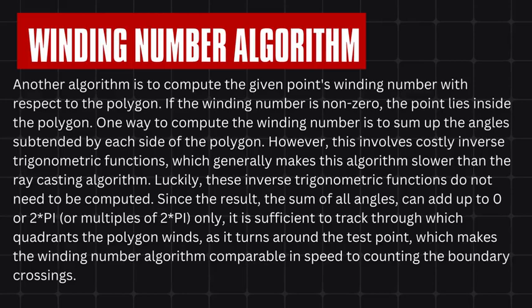Since the result, the sum of all angles, can only add up to 0 or 2 multiples of pi, it is sufficient to track through which quadrants the polygon winds as it turns around the test point, which makes the winding number algorithm comparable in speed to counting the boundary crossings.